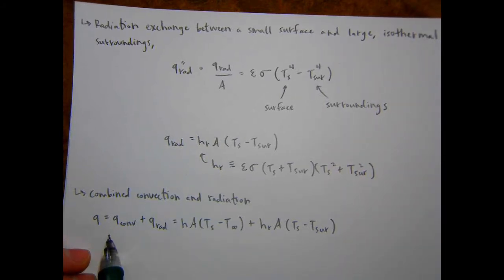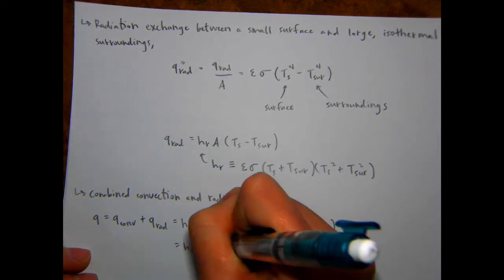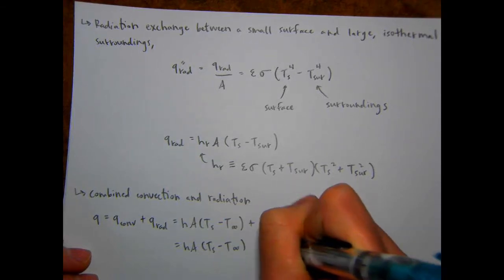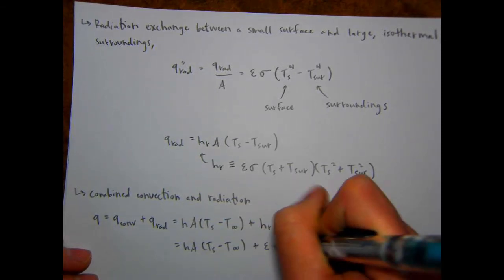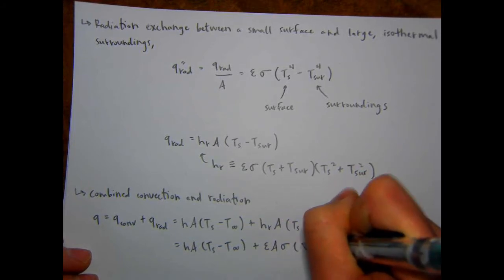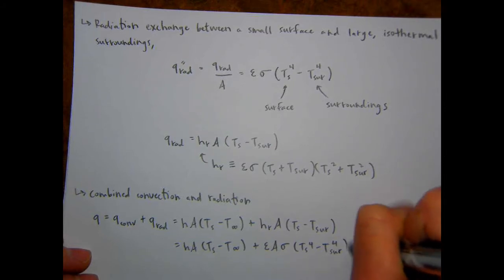So now we're just writing this as a combined heat transfer rate from convection and radiation using equations that we're familiar with. And if we want to rewrite it in terms of our alternate radiation equation, we can. So this is just to show that these two are equivalent.